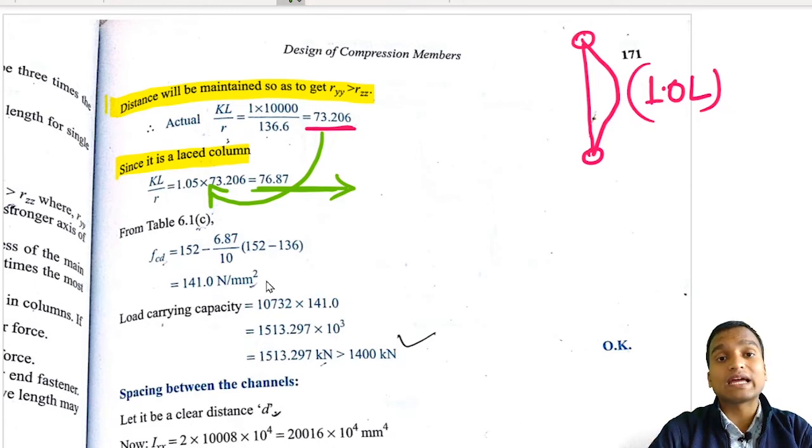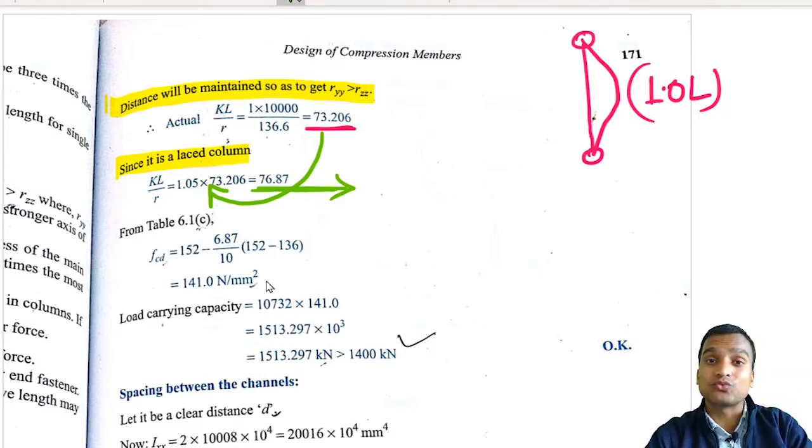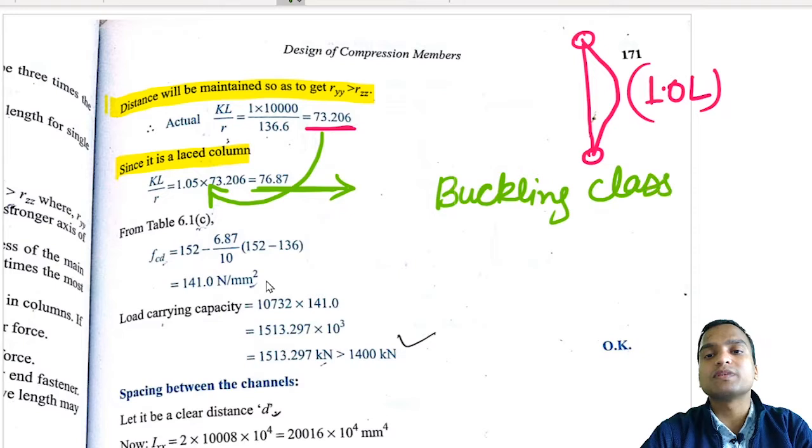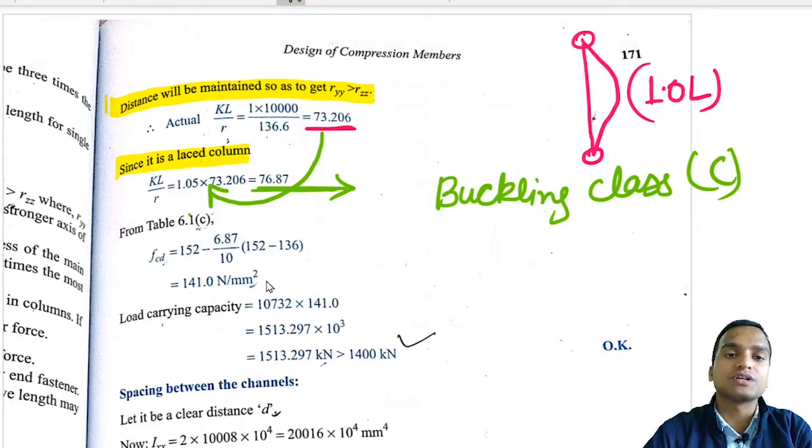Now we know that a laced column is a built up column, and if you remember the buckling class table, table number 10, in that the last row says that any category of built up columns will come under buckling class C. Okay, so for buckling class C you have to use table 9C, and you can calculate the exact value of FCD from the method of interpolation.